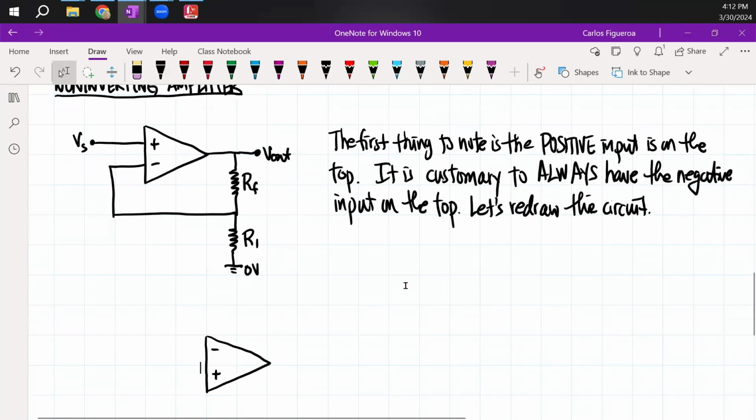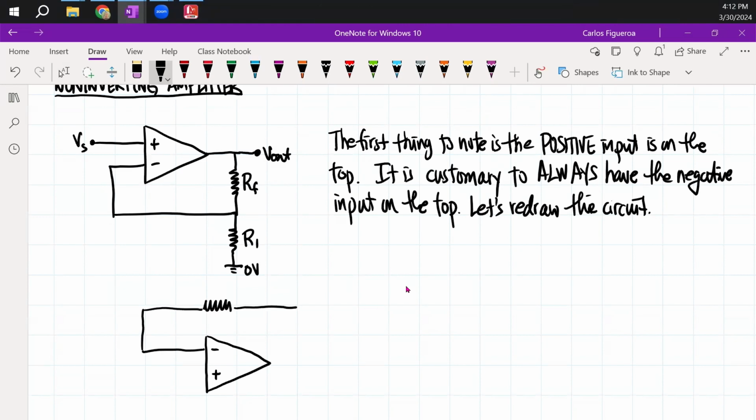If I redraw this here, you're going to see that now I'm going to come all the way out here. I'm going to take my RF and connect it to this output right here. And this is the RF resistor right here.